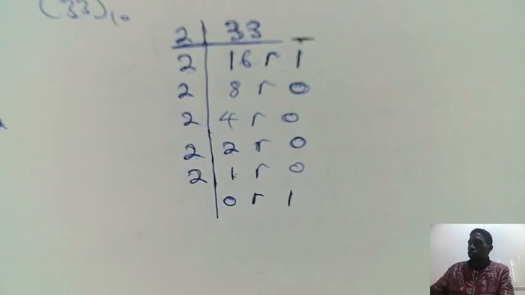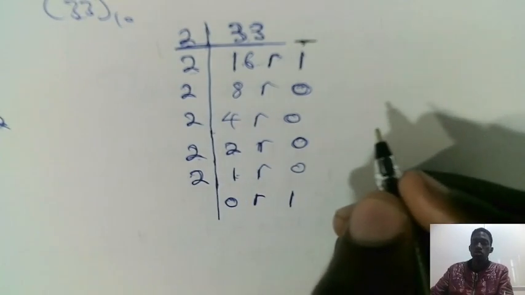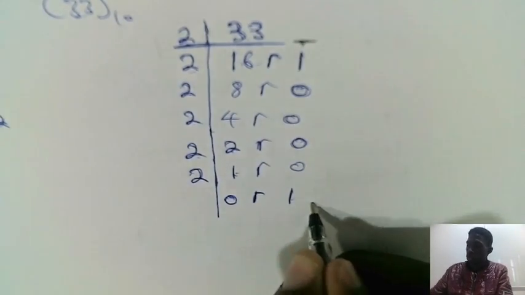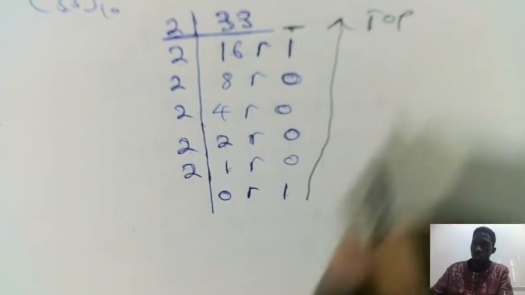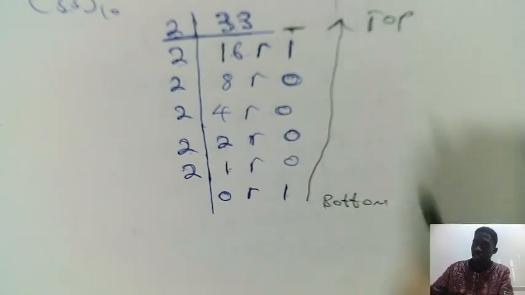Now, from the remainders, we are going to obtain the answer in base 2 by reading these remainders from the bottom to the top. We read it like this.